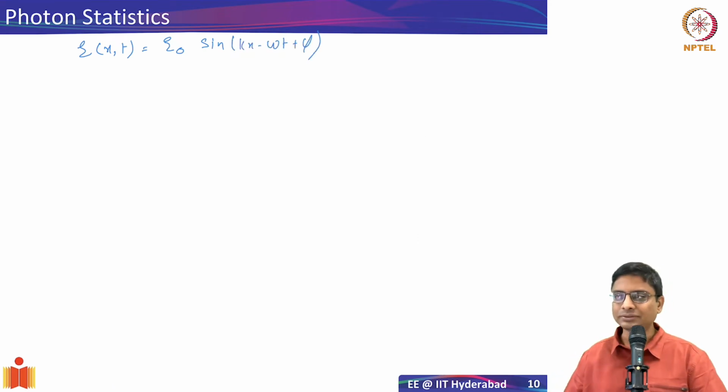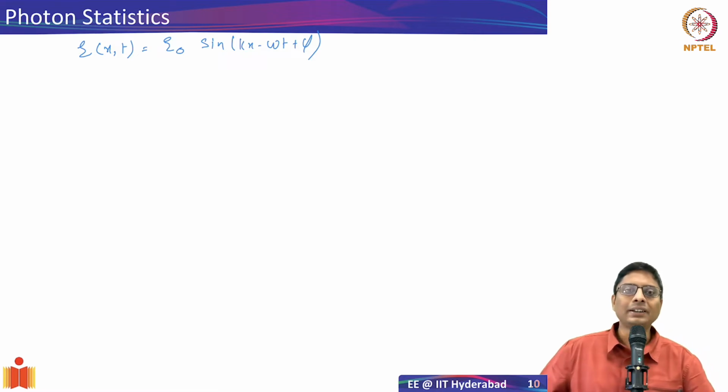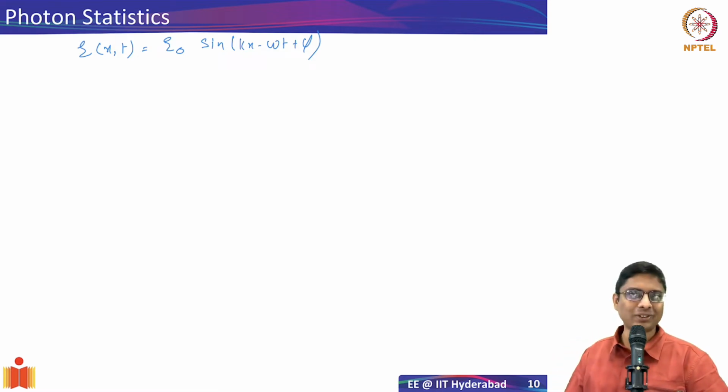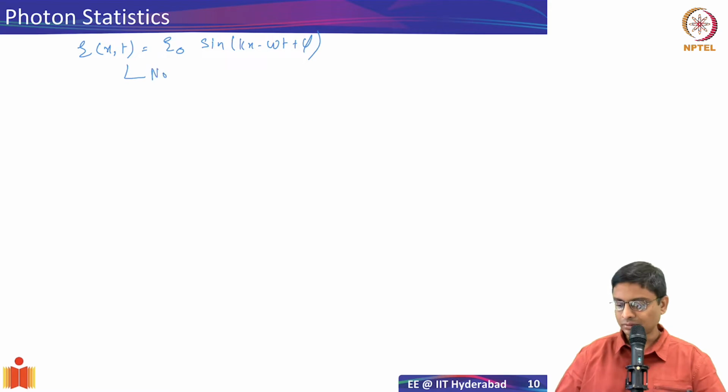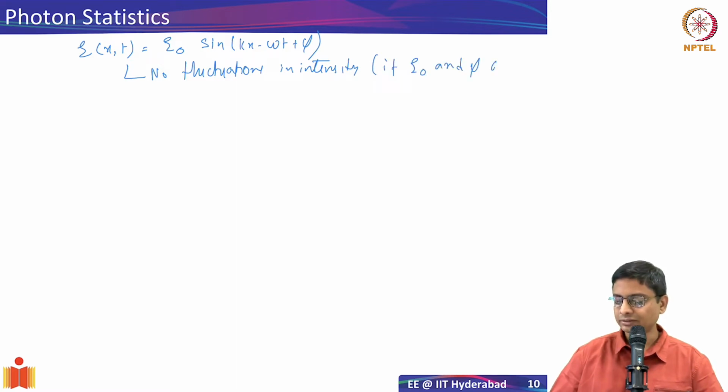And let us assume that it has no fluctuations at all. It's a perfectly constant intensity, so basically no fluctuations in intensity. This will occur if E naught and phi are constant.